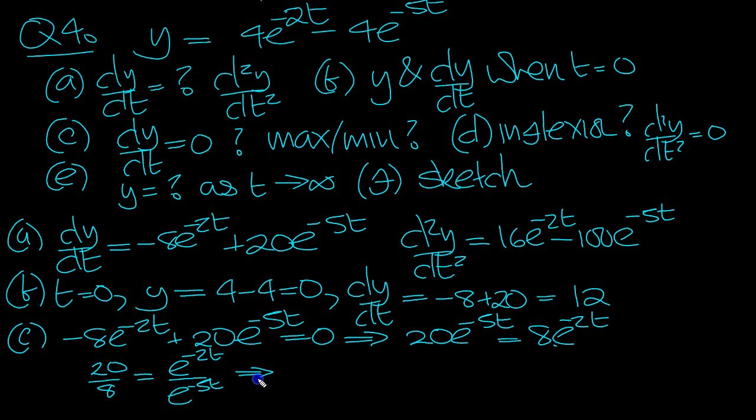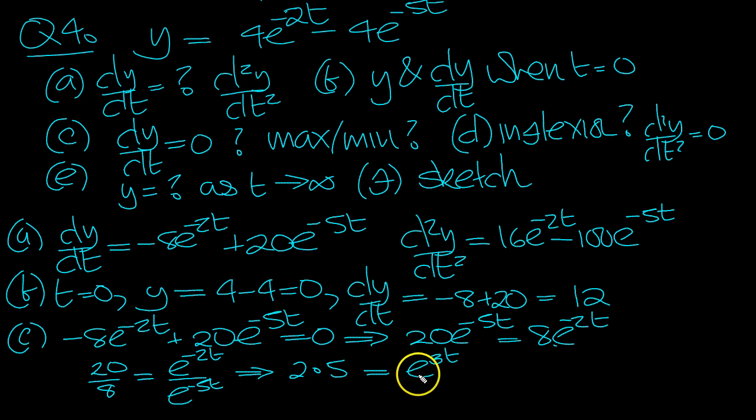Okay, now we'll use properties of indices. 20 over 8 is the same as 10 over 4 or 5 over 2, so that's 2.5. With indices, when you divide you take the bottom from the top, so it's e^(-2t minus minus 5t), which is plus 5t. So minus 2t plus 5t is 3t.